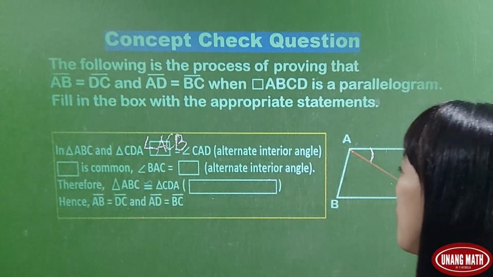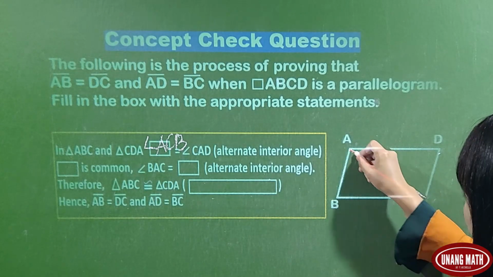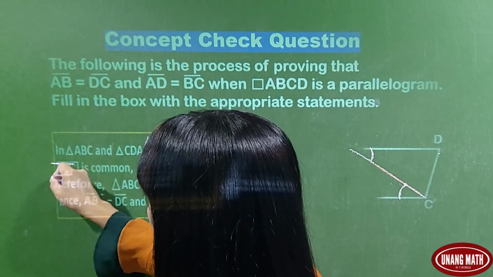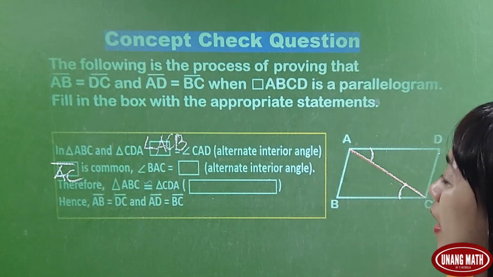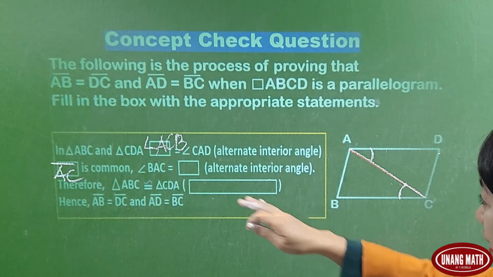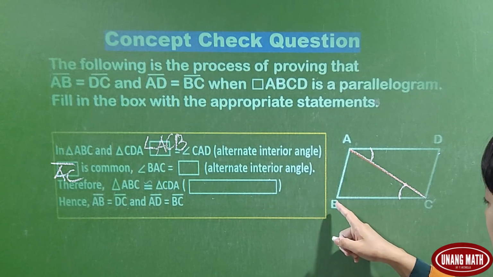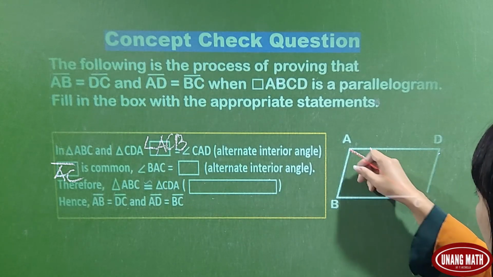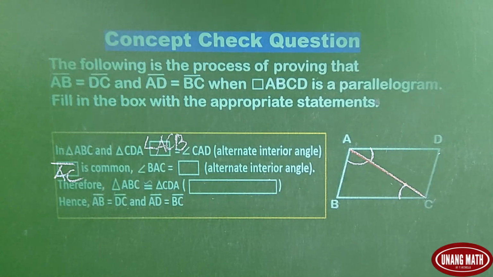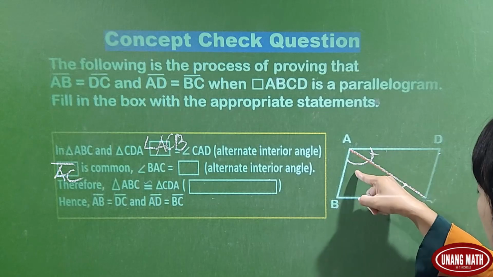Blank is common. Common is this segment AC. Angle BAC is equal to blank angle. So BAC, let's find BAC this time. BAC, so meaning this angle. So these are equal. What about this?